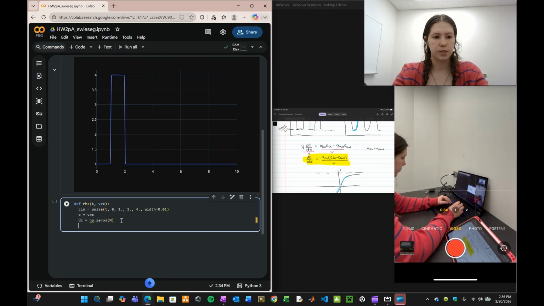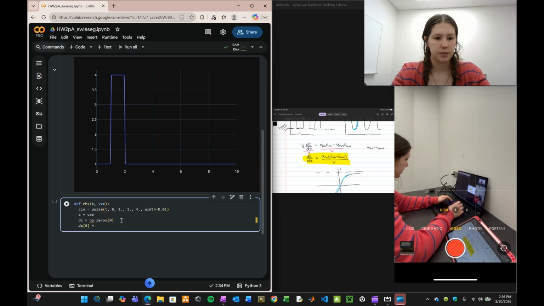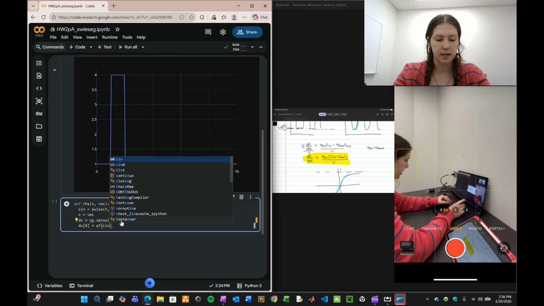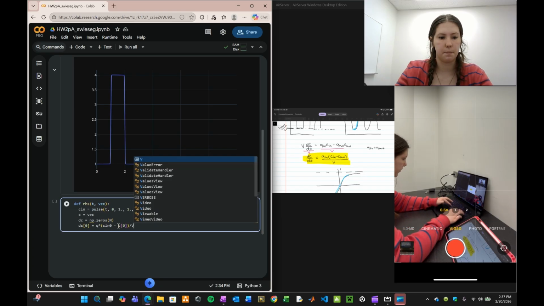And so we want to define our first value, dc of 0. And now we're going to come back to our material balance that we derived. And so we can say our Q, our flow rate, times Cn naught minus our C at 0, all over V.